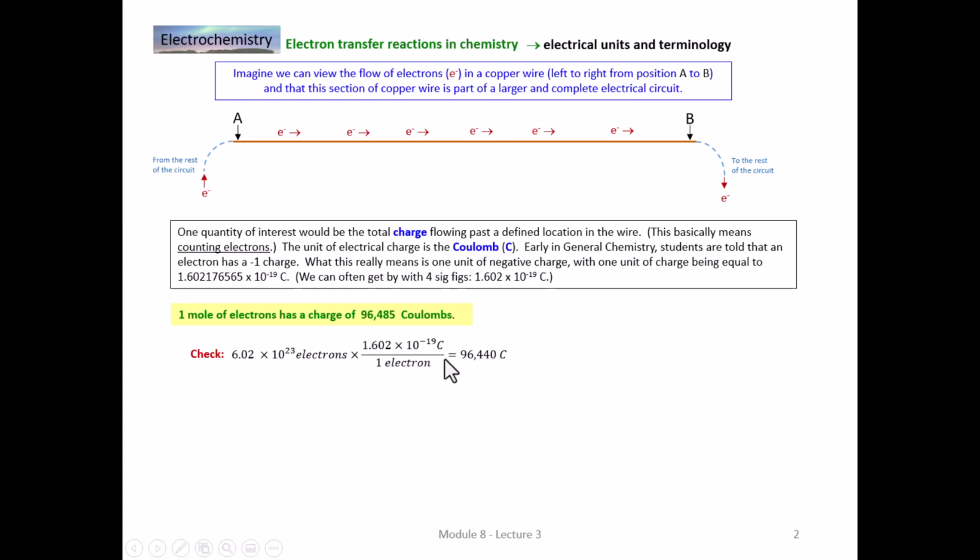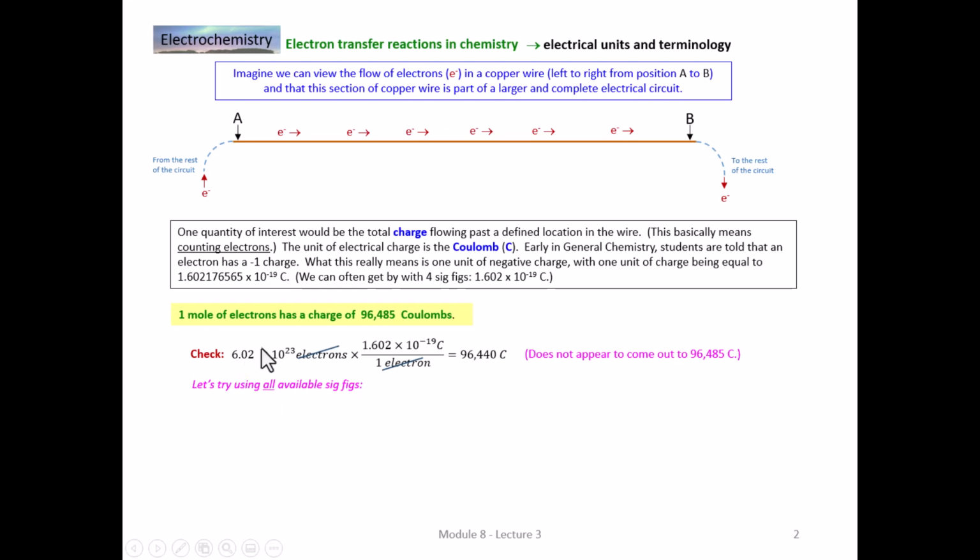If we do that, we get a number of 96,440 coulombs. That doesn't seem to match the number we claim should be the total charge on 1 mole of electrons.